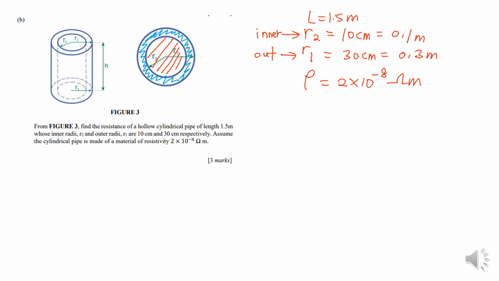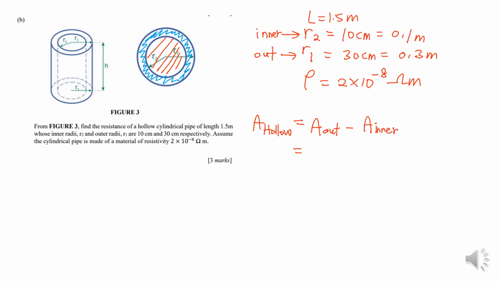Okay, so macam mana kita nak cari area untuk yang blue itu sahaja? So kita gunalah area hollow pipe is equal to area out minus dengan area inner.